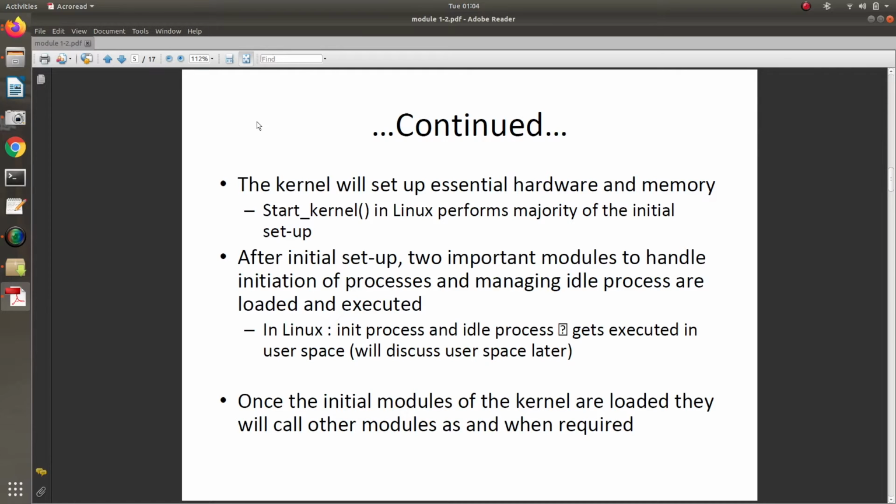So obviously the kernel has to be loaded first, because any process, if it wants to access the hardware, if it wants to get executed, it has to go through the kernel. So the kernel modules must be initiated first. Once the initial modules are loaded into the main memory, they will call the other modules as and when required. Okay.